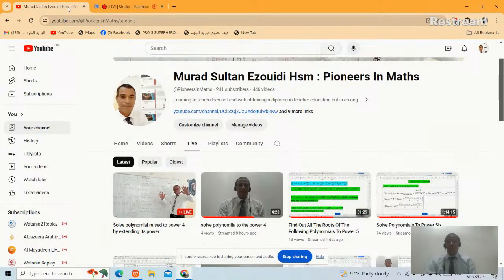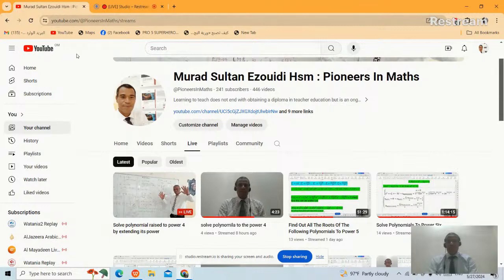Here, Mourad Sultan Ezouidi explains exactly how we can solve a polynomial to the power 4 by extending its own power.